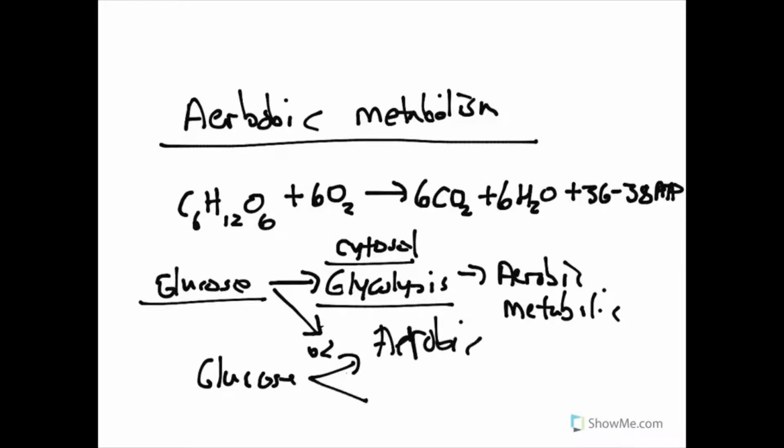And if you don't have O2, low O2 or no O2, you'll ferment. And this is why I was saying that glycolysis is the common thread. It is the metabolic fork in the road when it comes to anaerobic versus aerobic metabolism. They both share it.